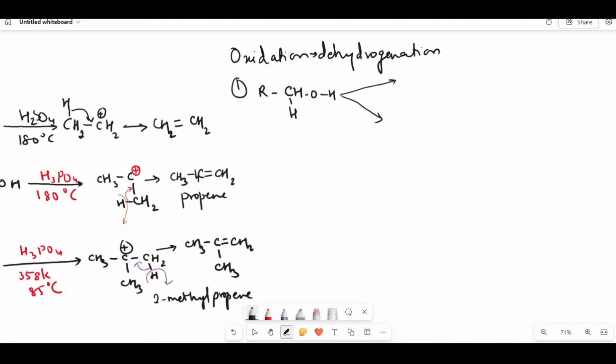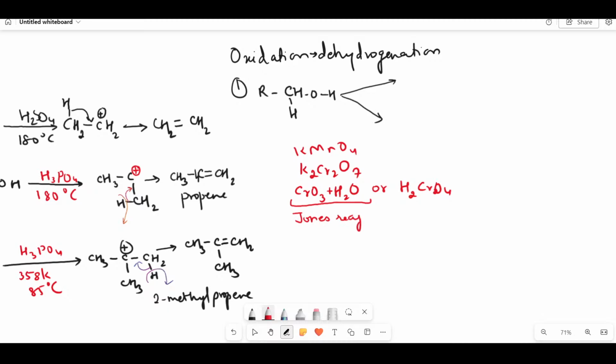There are different mild and strong oxidizing agents, and any of them we can use, like acidified KMnO4 or K2Cr2O7, that is potassium dichromate, or we can use chromium anhydride in presence of water, or H2CrO4. Chromium anhydride along with water is known as Jones reagent.